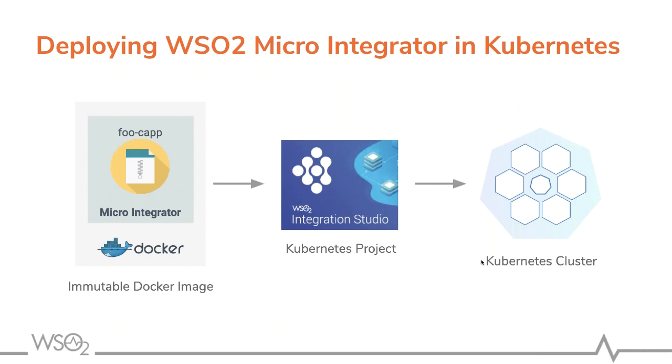When you're trying to deploy the WSO2 micro integrator in Kubernetes, what you give is the Docker image that you have created. You would input the Docker image and create a Kubernetes project using it, and as the output, it will be deployed in the Kubernetes cluster. The important aspect at this part is that you don't have to manually configure the deployment YAML or the service YAML.